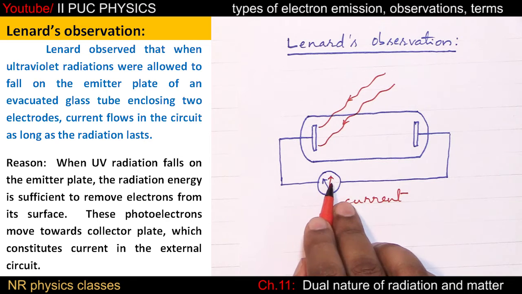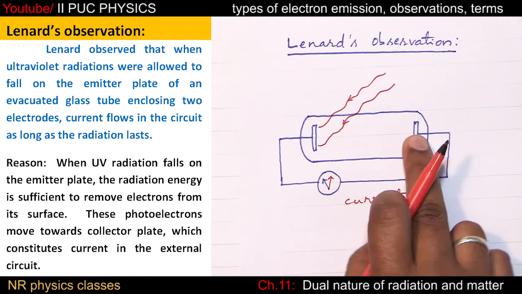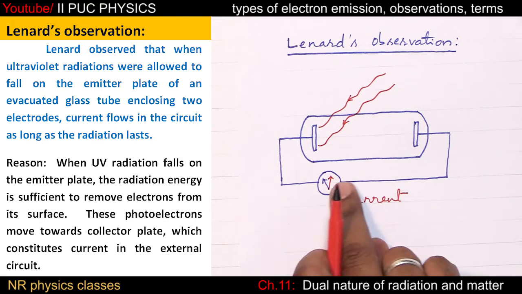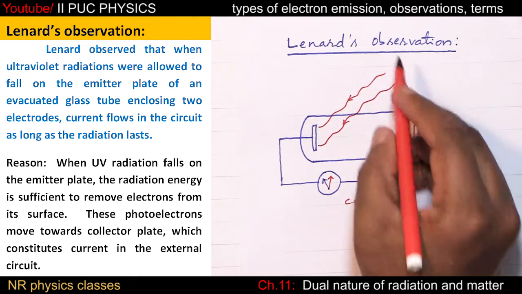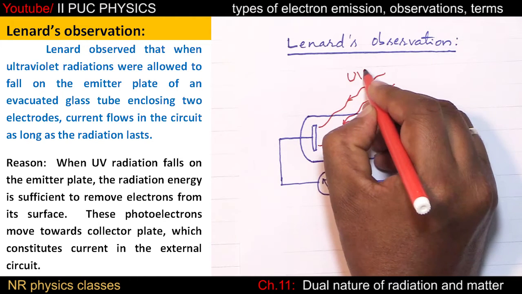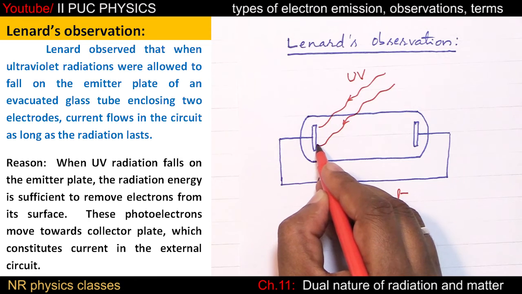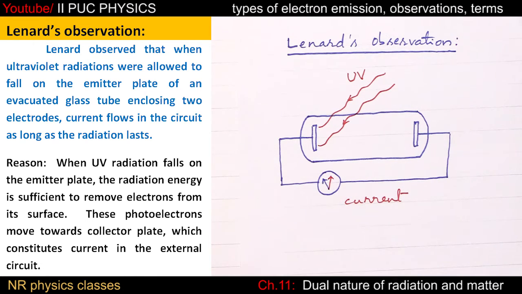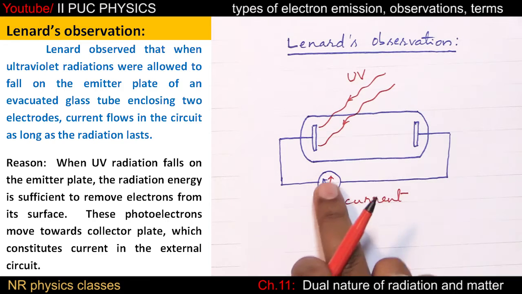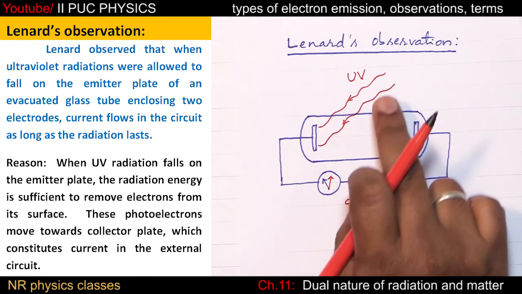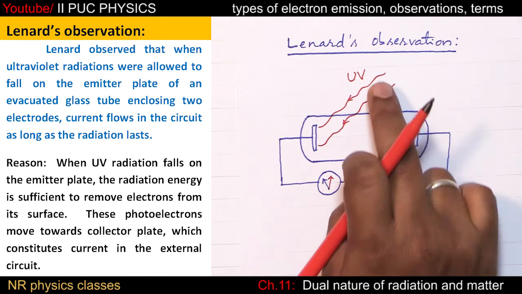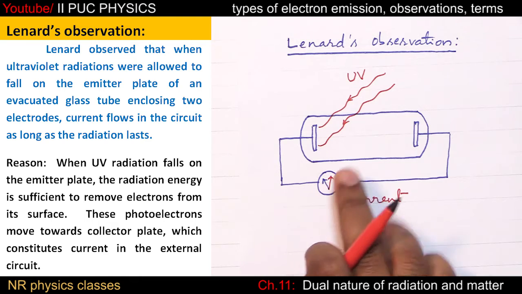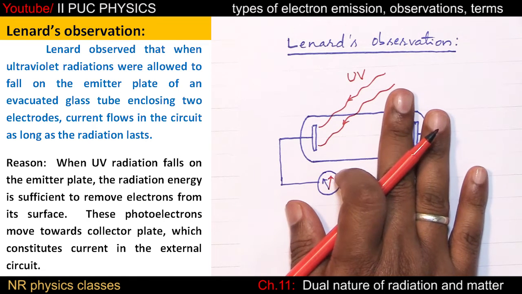But looking at the deflection, one should understand that something is reaching this plate, thereby something is flowing through the external circuit. As long as UV is incident on the emitter plate, there was deflection. And if this light is cut off, deflection becomes zero. There is light, deflection. There is no light, no deflection. So this was reported by Lenard.